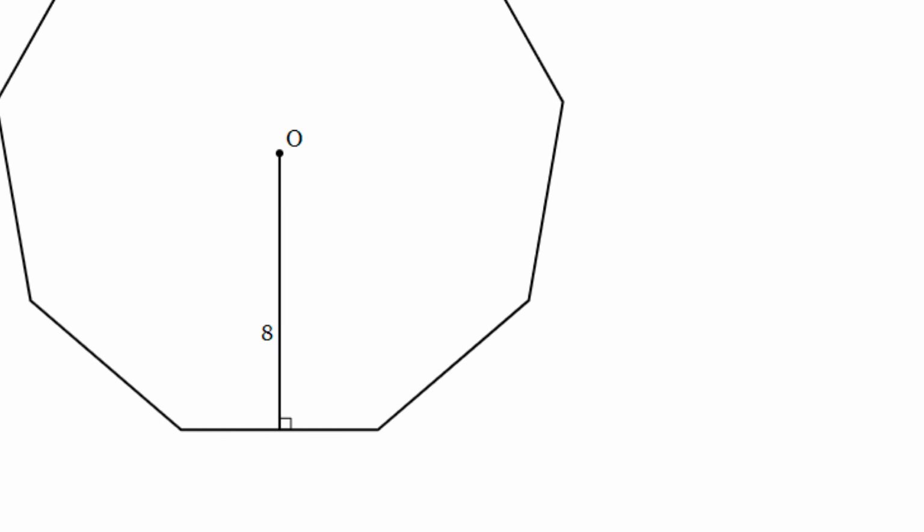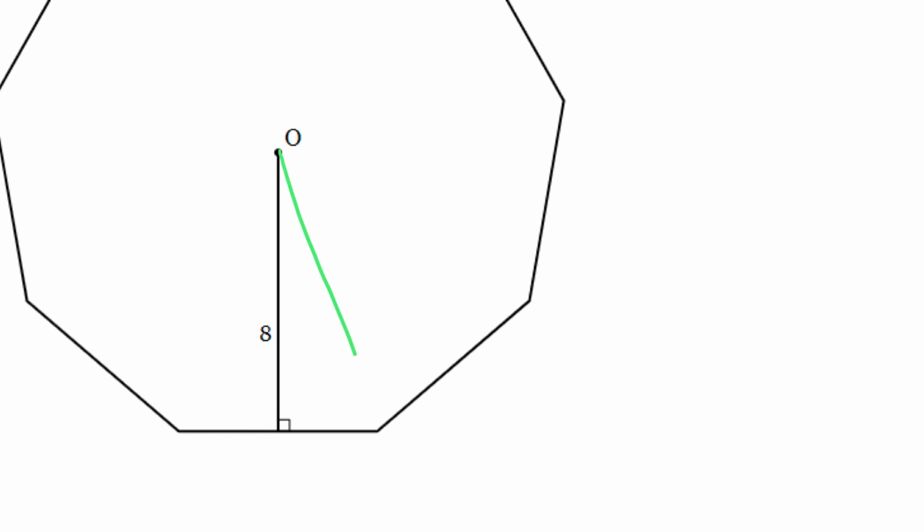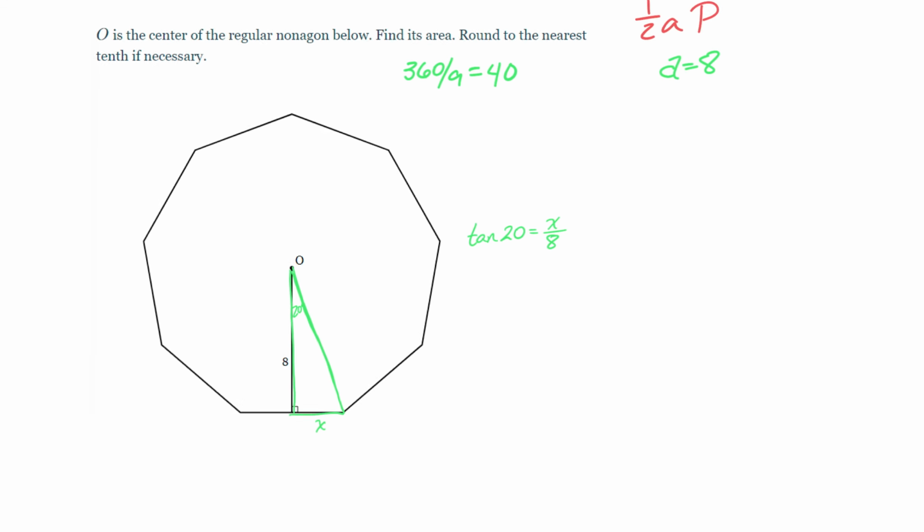Let's just construct this half triangle here. So we have this figure here. This angle would be 20 degrees, and we are looking for the side here. This would be, again, adjacent and opposite. So we are dealing with a tangent ratio from a 20-degree angle equals the opposite over the adjacent.